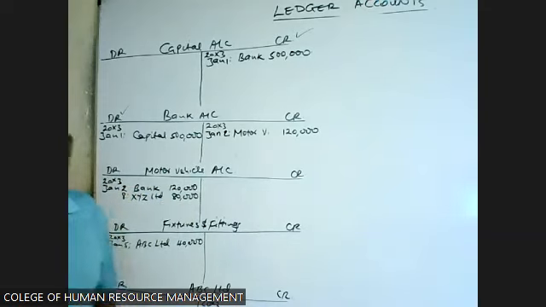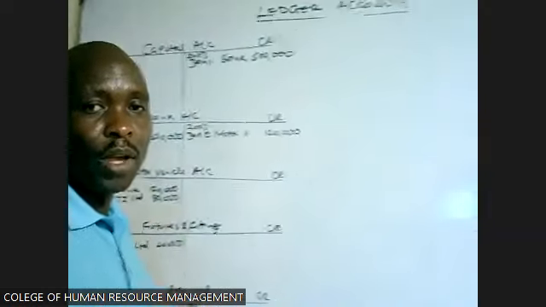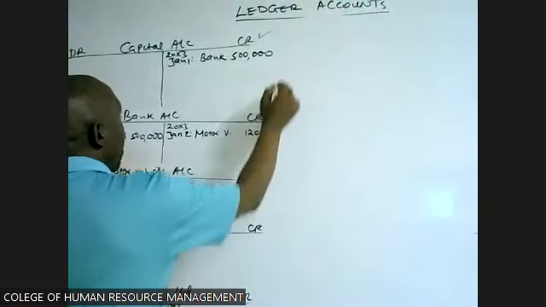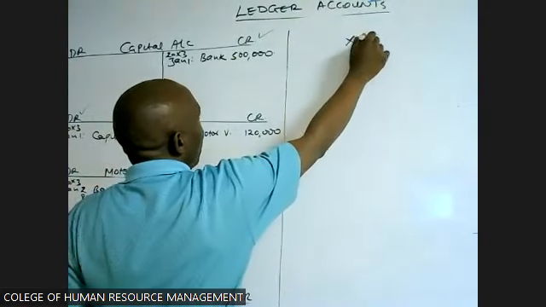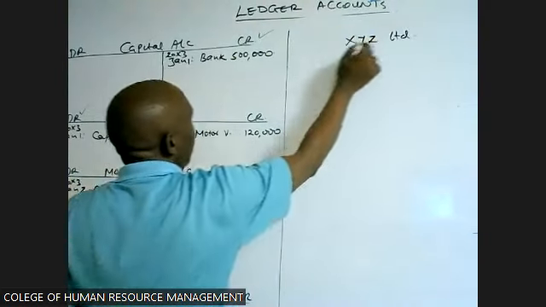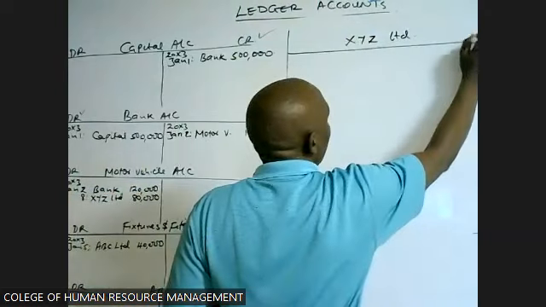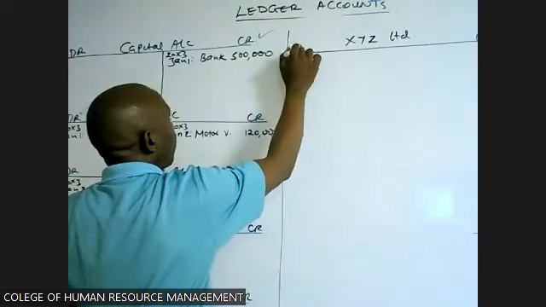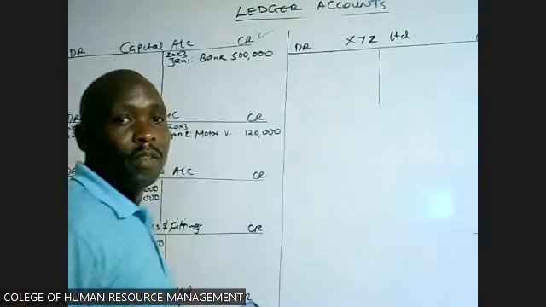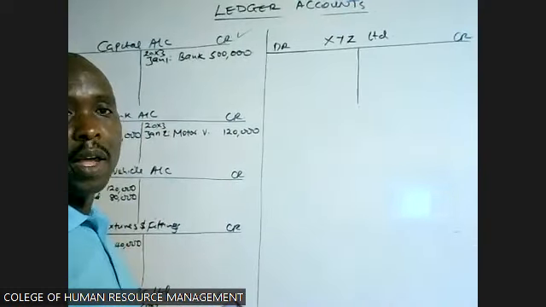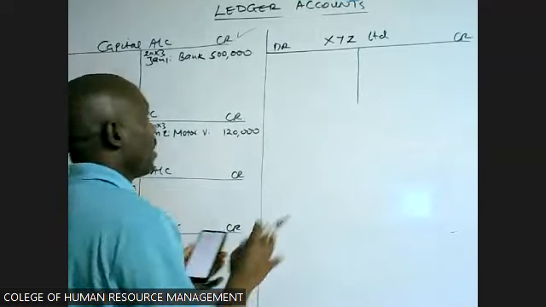So we have another creditor. We have another creditor by the name XYZ. So open XYZ Limited. This is a liability. We owe the supplier, we credit.